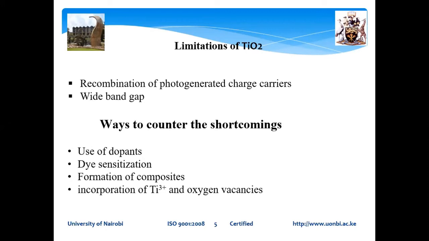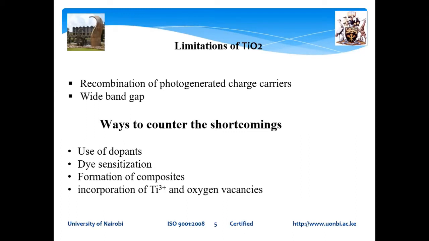And as we know, ultraviolet accounts for less than 10% of the solar spectrum. So there is need to broaden the spectral response to the visible region, so that we can make use of the solar energy.